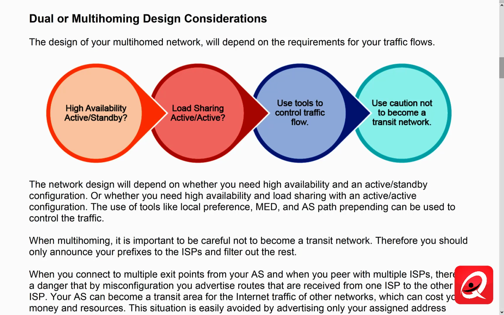The way we prevent that is we ensure that we're not re-advertising prefixes from one ISP to another. We use prefix lists and filters to ensure that we're only receiving the routes that we want from the service providers, and we're not re-advertising those routes to the rest of the world, so that we don't end up becoming a transit autonomous system.